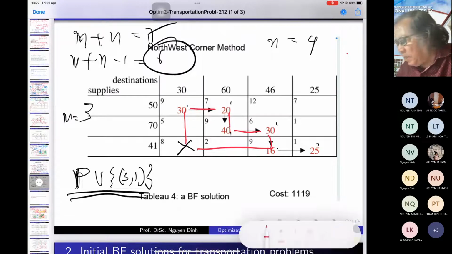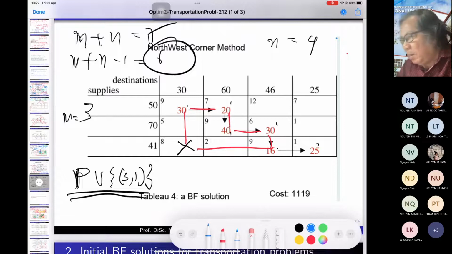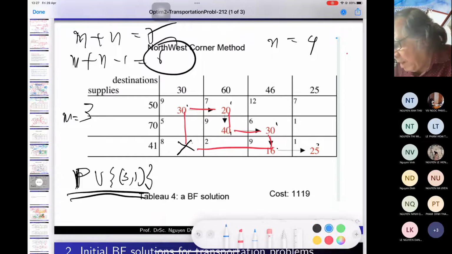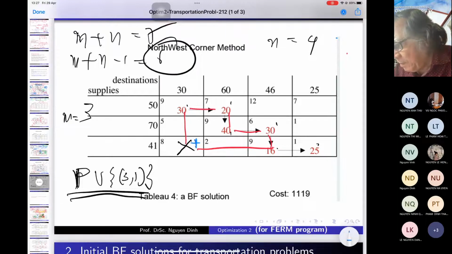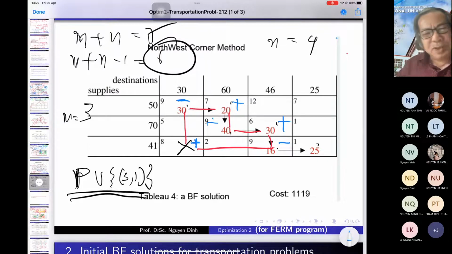The cell we enter here, we always denote it by the plus cell. And the next one is minus, the next one is plus, the next one is minus, the next one is plus, and the last one is minus here. So plus, minus, plus, minus. But you can go this way or you can go another way, no problem.